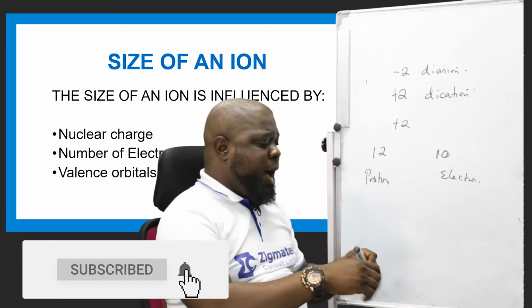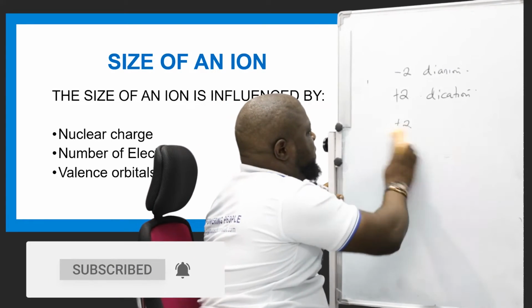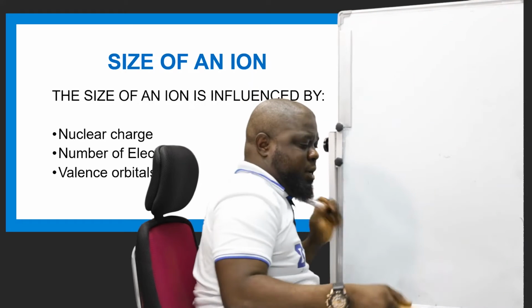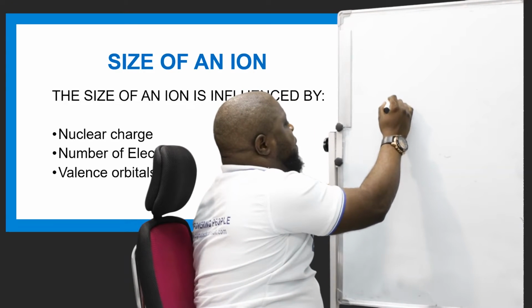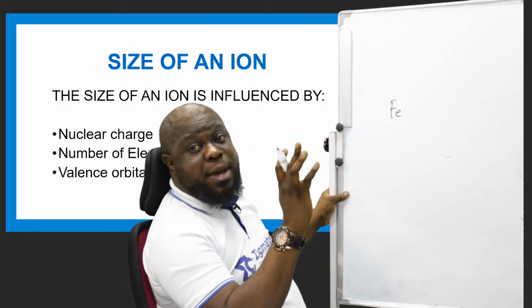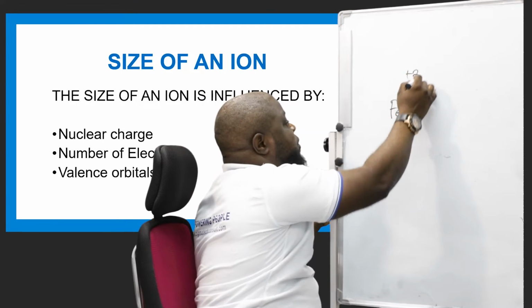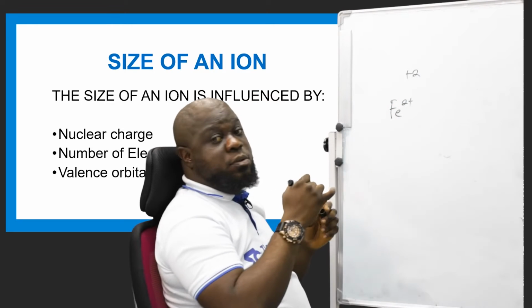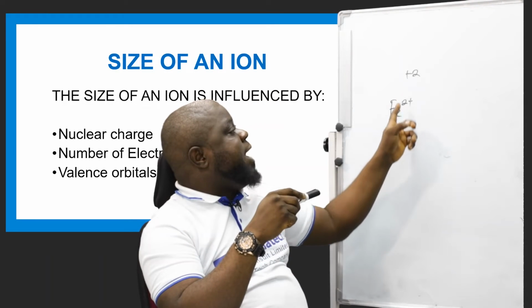Let's take, for example, iron. If you're representing this charge with an element, you don't write +2. What you write is 2+. You do not write this, you write this.